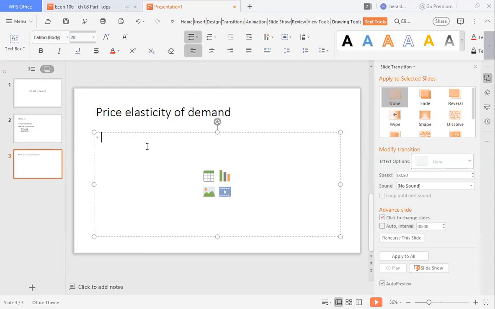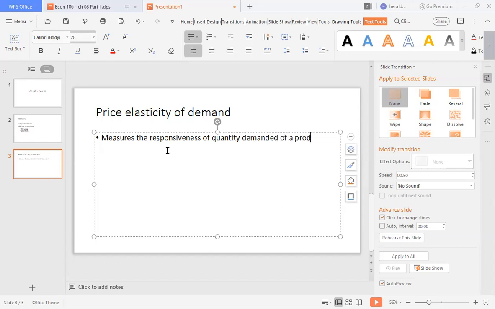And when we talk about price elasticity of demand, it measures the responsiveness of quantity demanded of a product or a good to a change in the price of that product.